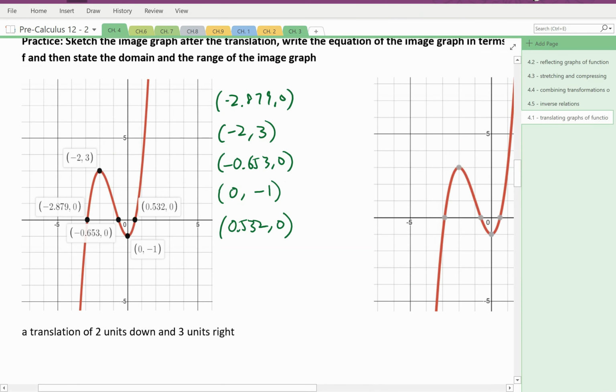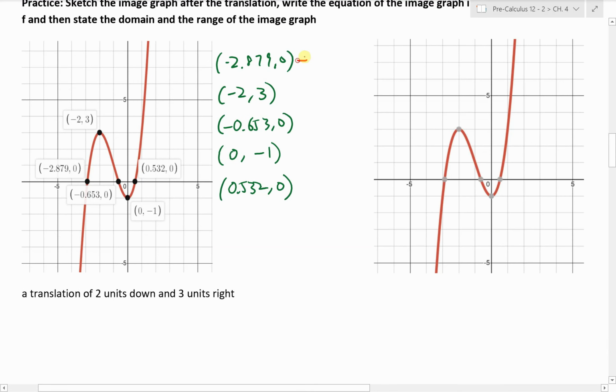We are going to change now. We are moving 2 units down and 3 units right. Notice this is the x coordinate and y coordinate. So I'm going to deal with the x first. It says 3 units right, so all I need to do is plus 3. Negative 2.879 plus 3, I believe this is 0.121.